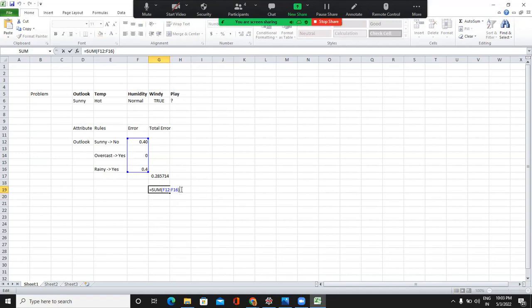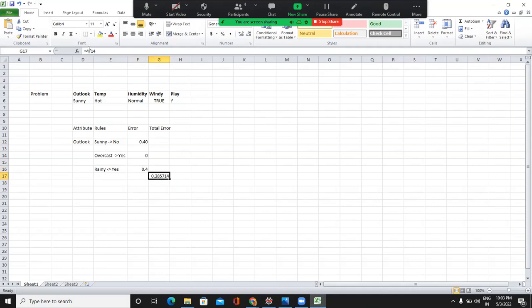No, no, no. These are not with the same denominator, so we cannot add them. So we are adding all the number of errors. Here there are 2 errors. Here there are 0 errors. Here there are 2 errors. So errors in the numerator we are adding, that becomes 4, and errors in the denominator we are adding 5 plus 4 is 9, 9 plus 5 is 14.